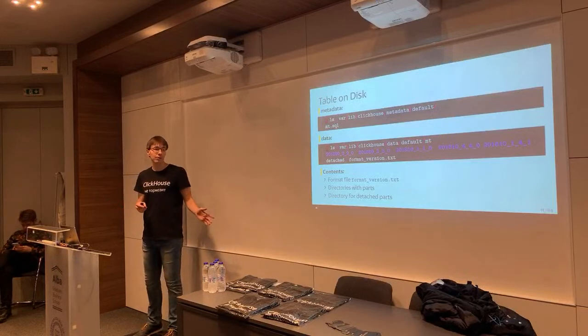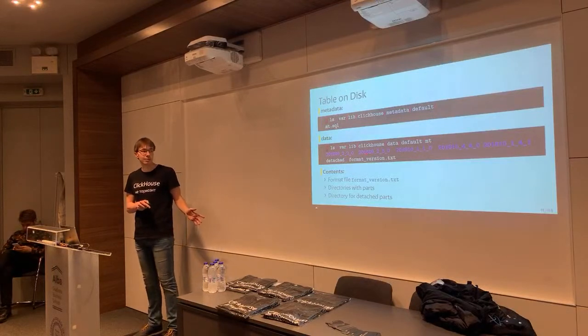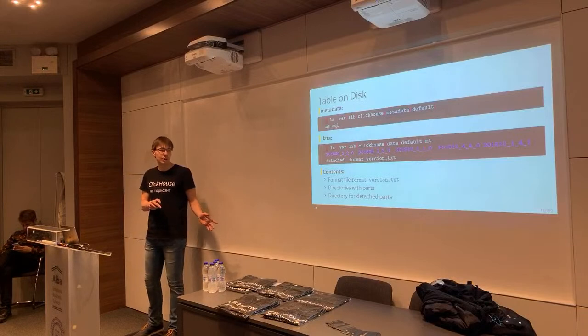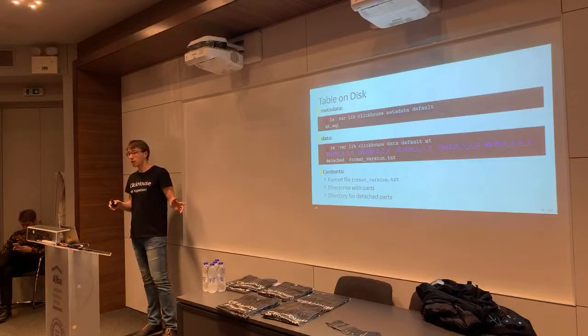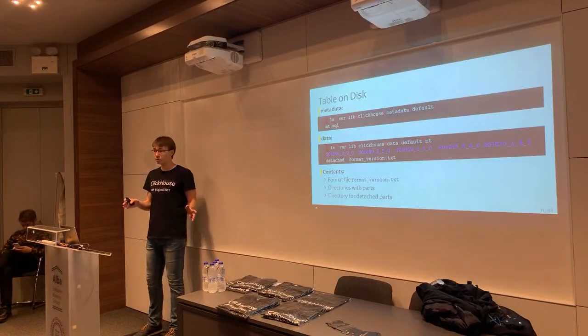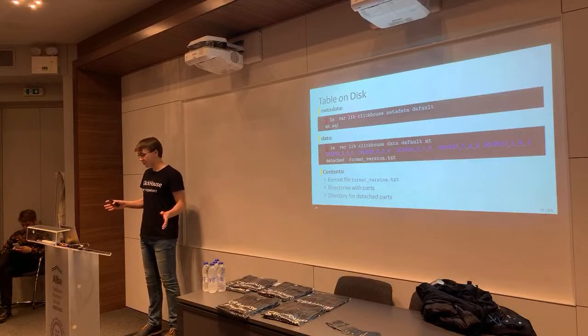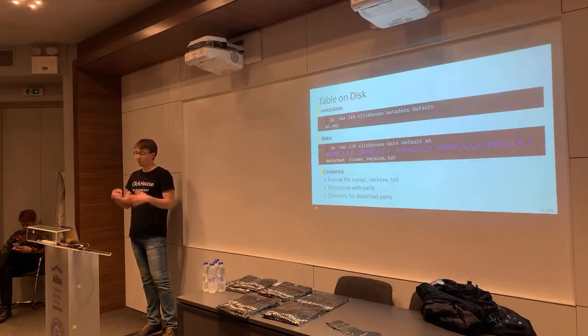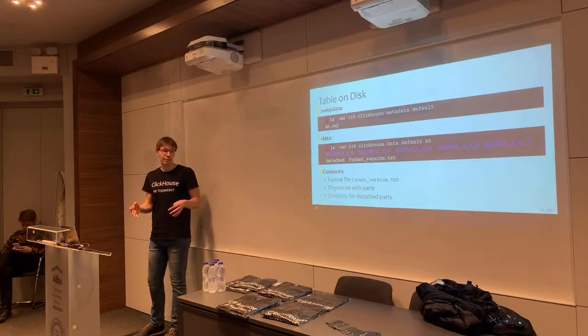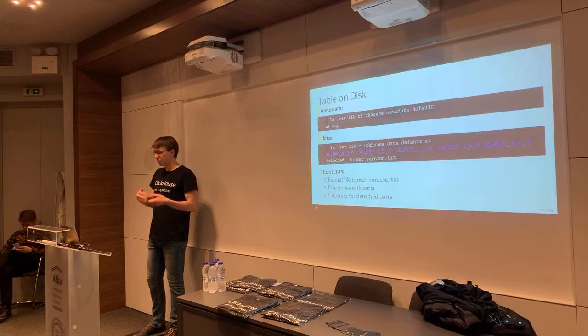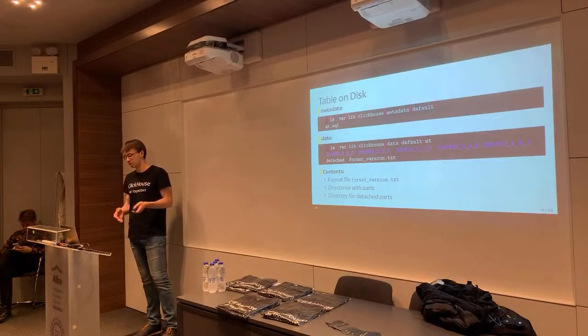What is really important are these funny directories with numbers and underscores in their names. They are called parts. And a part is a central concept of the MergeTree. Today I'll say a lot about parts. And if you understand how MergeTree works with its parts, you will use this engine as effectively as possible.